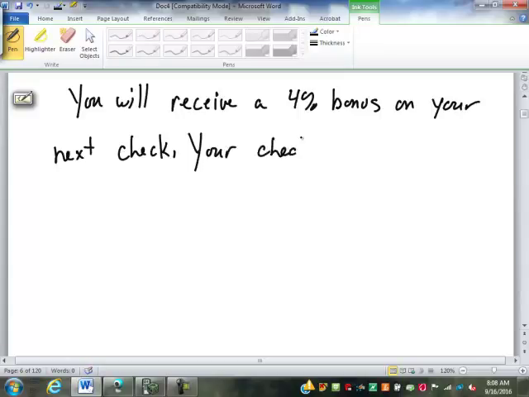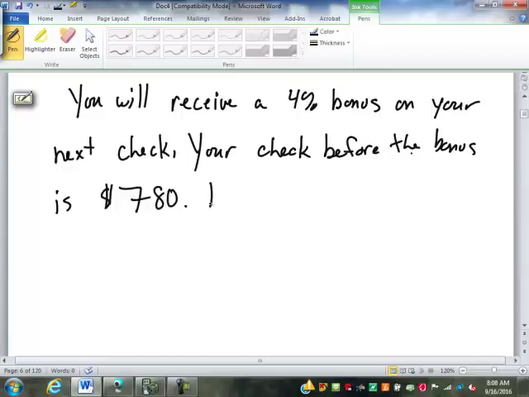Your check before bonus is, let's go to $780. How much is your check after the bonus?